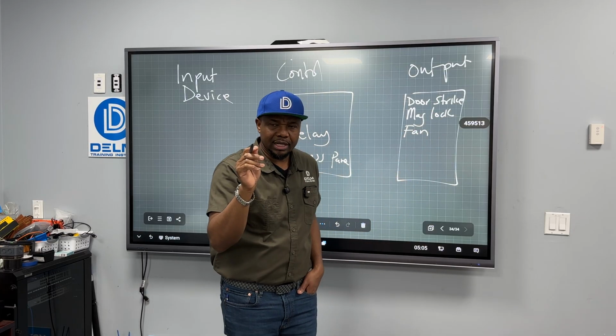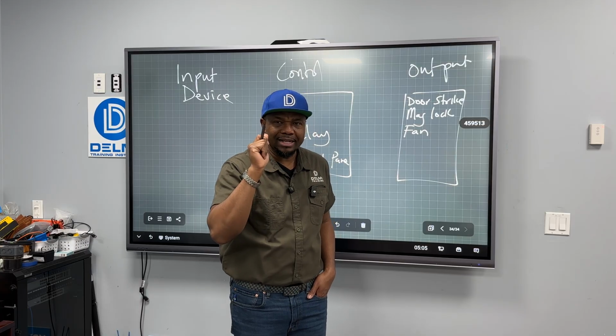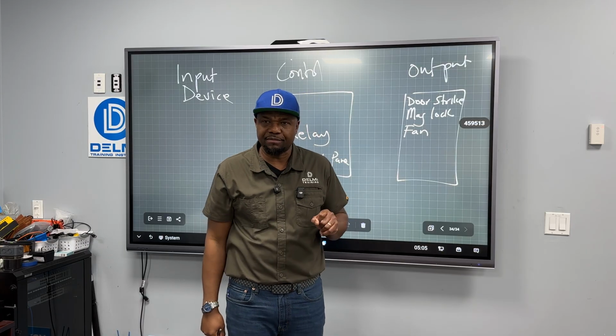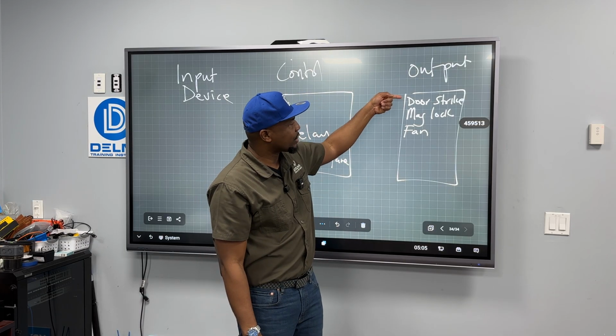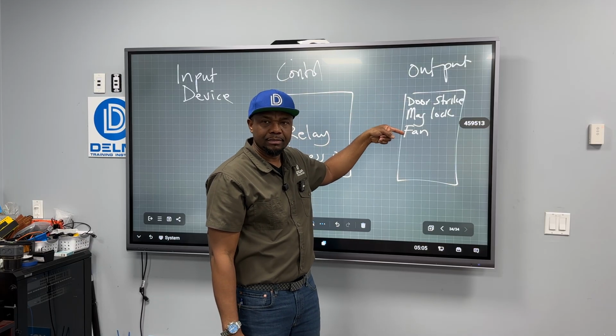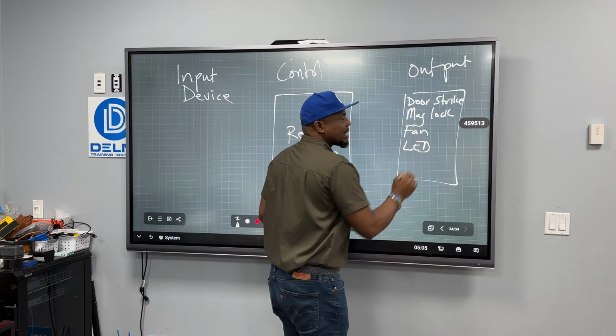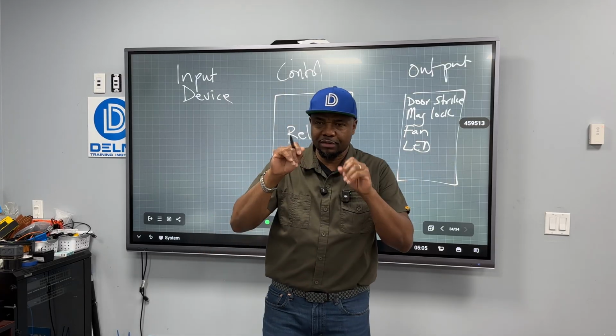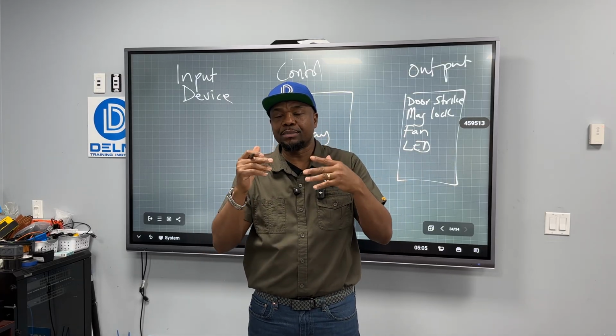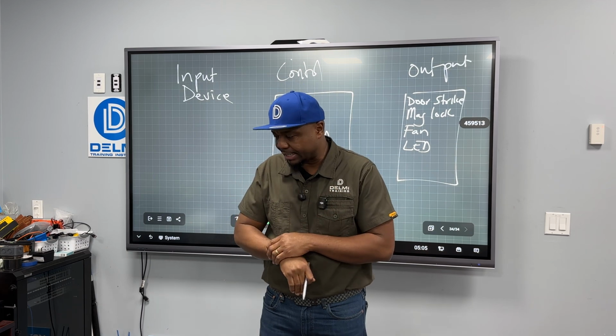I want each and every one of you to try and name one output device. I've given you 3: a door strike, a Maglock, a fan. I'm going to give you 4. Let's say an LED light. It's an output device. I'm going to wait for 1 minute. I want you to tell me what you think an output device is.